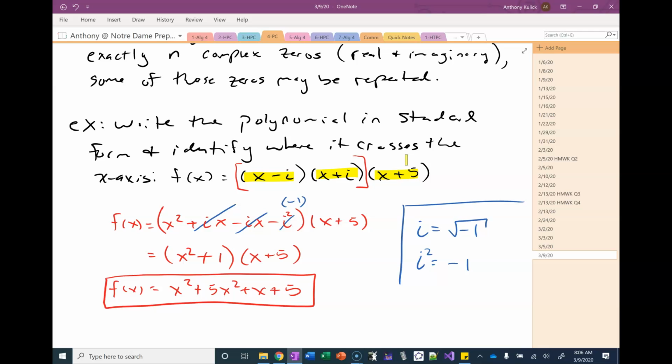No. So those ones don't count. Only x plus 5 is going to represent a place on the x-axis. Where on the x-axis is x plus 5 going to correspond to? Not 5, because remember we're setting these equal to 0. -5. Yes.